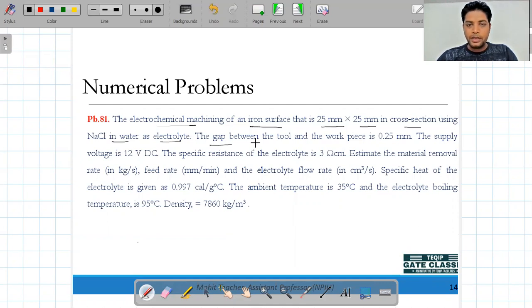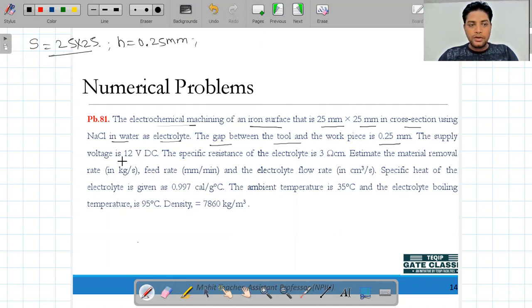Okay, so the gap between the tool and the workpiece is 0.25 mm, and here the surface area is given to you, that is 25 into 25 mm squared. The value of h is given to you, that is 0.25 mm.